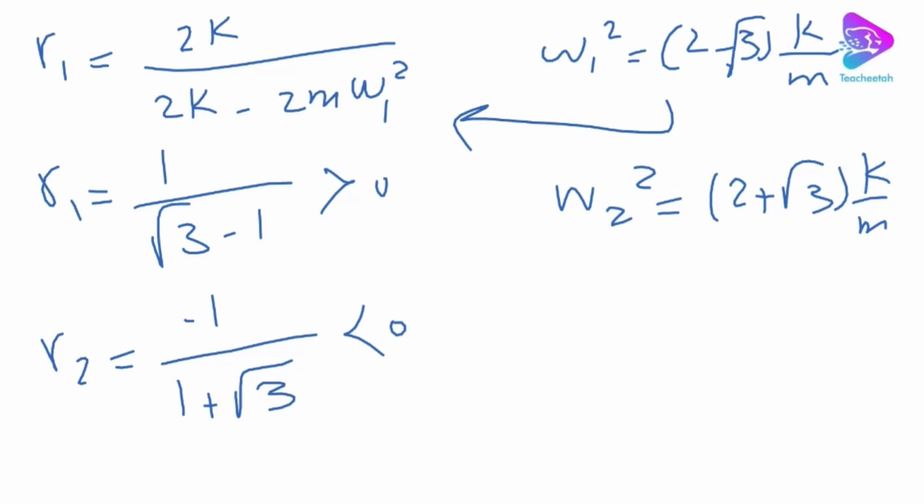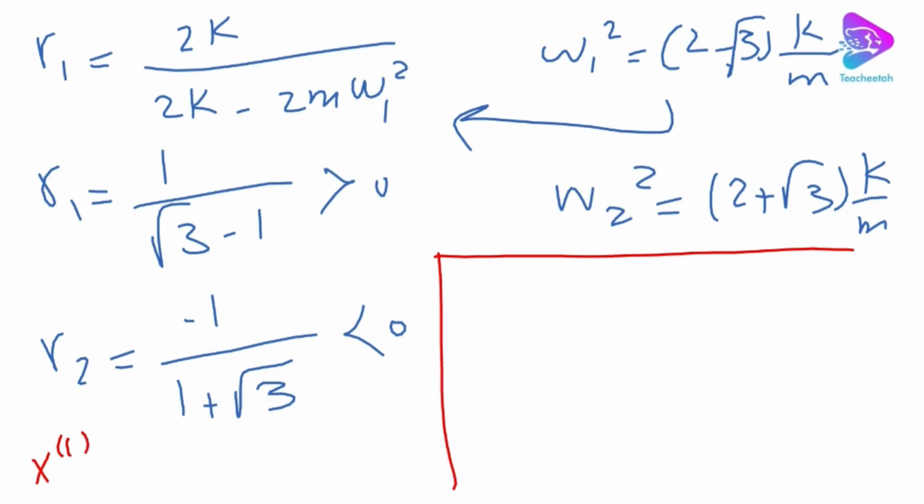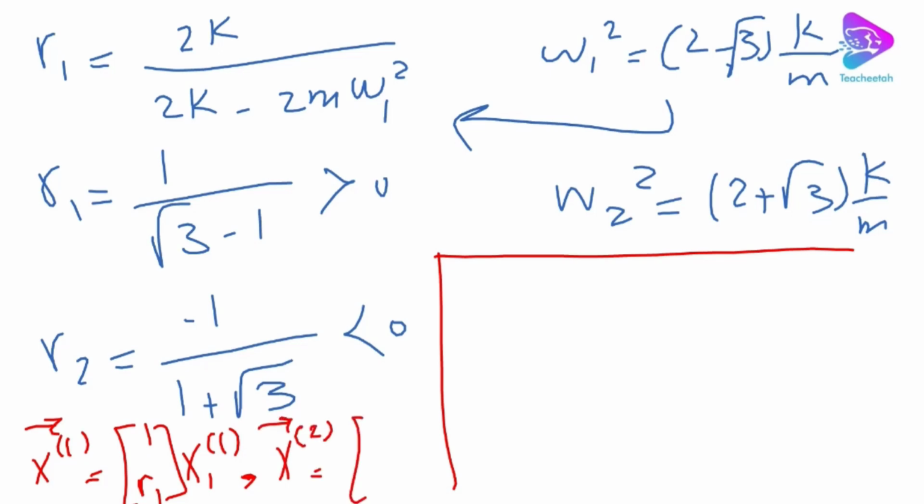So if I write it here, we find x1 as, say, for example, 1 and r1 times x11, where x11 is a constant number, and x2 equal to 1 and r2 times x12, right?